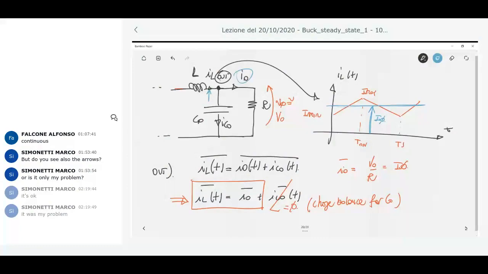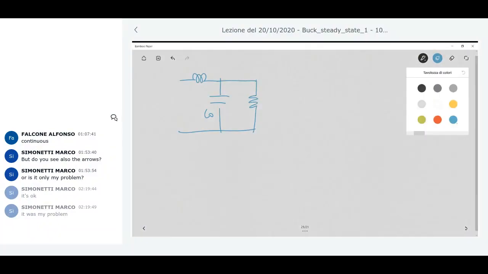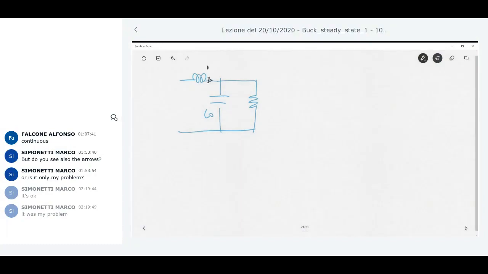So which is the current flowing through the capacitor C naught? IC naught of t will be IL minus I naught.